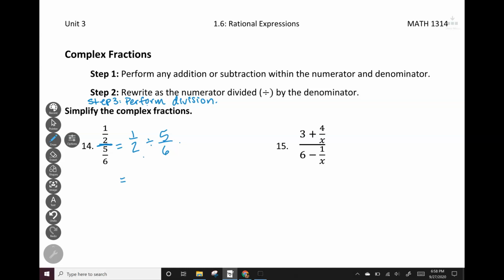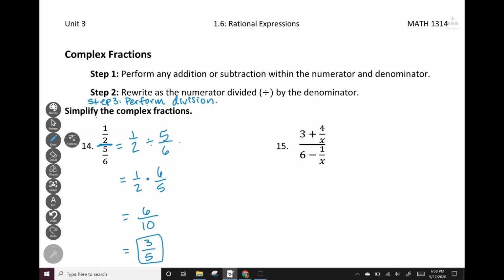Remember, you change the middle sign and flip the second fraction, 6/5, and then we multiply across the top and the bottom, so 6/10. And I can reduce that to 3/5.